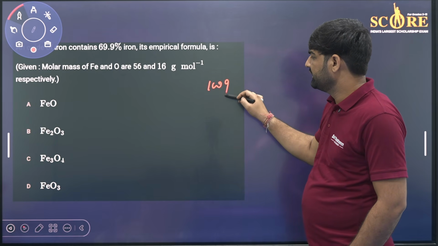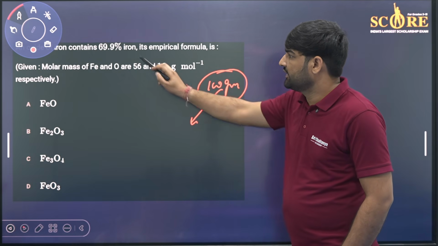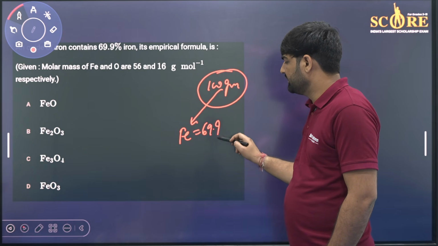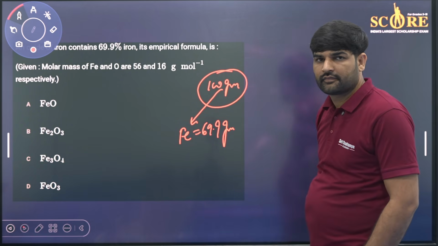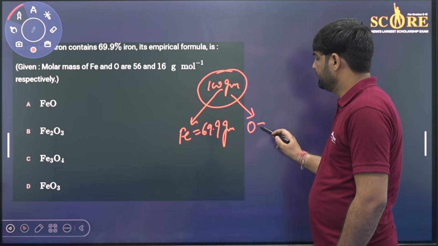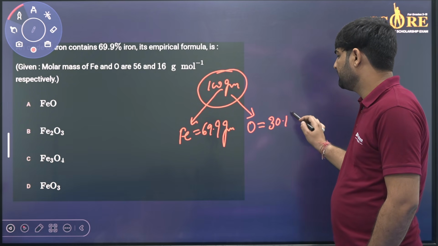In this, the mass of iron is 69.9 and the mass of oxygen is the remaining, which is 30.1 gram.